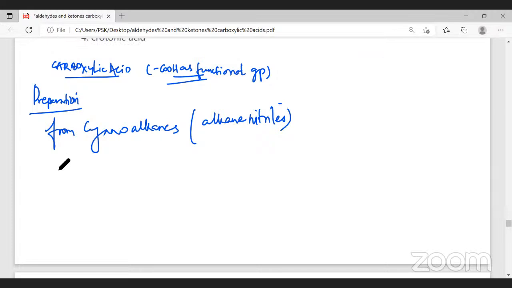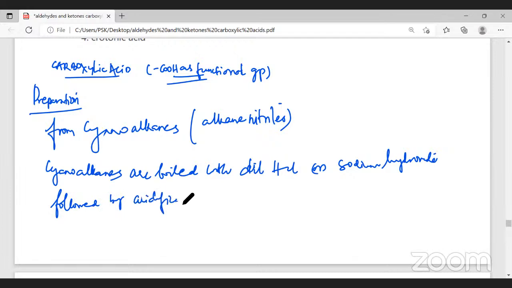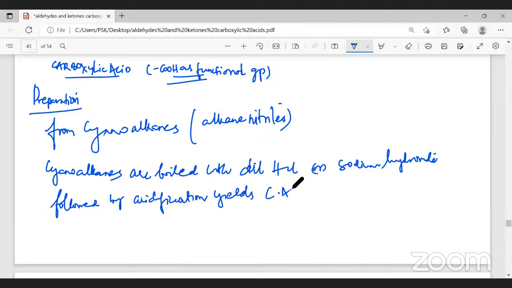Alkane nitriles, or cyanoalkanes, are boiled with dilute hydrochloric acid or sodium hydroxide, followed by acidification, which yields carboxylic acid.